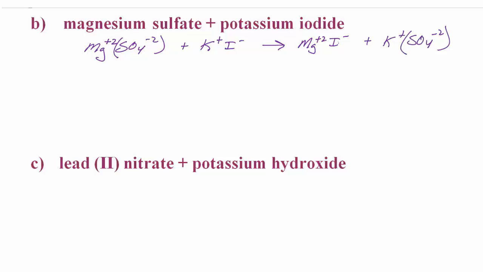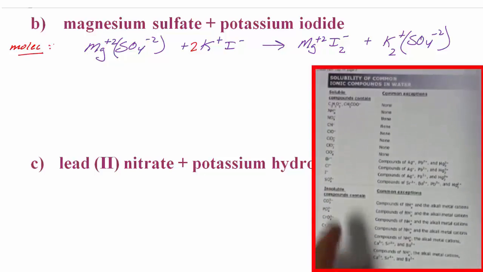Okay, make your charges subscripts. Okay, make sure you're balanced. I have 2 iodides here, so I better put a 2 in front. I have 2 potassiums. Okay. So there is my molecular equation. Oh, I'm not done. I have to write solid or AQ on everything.